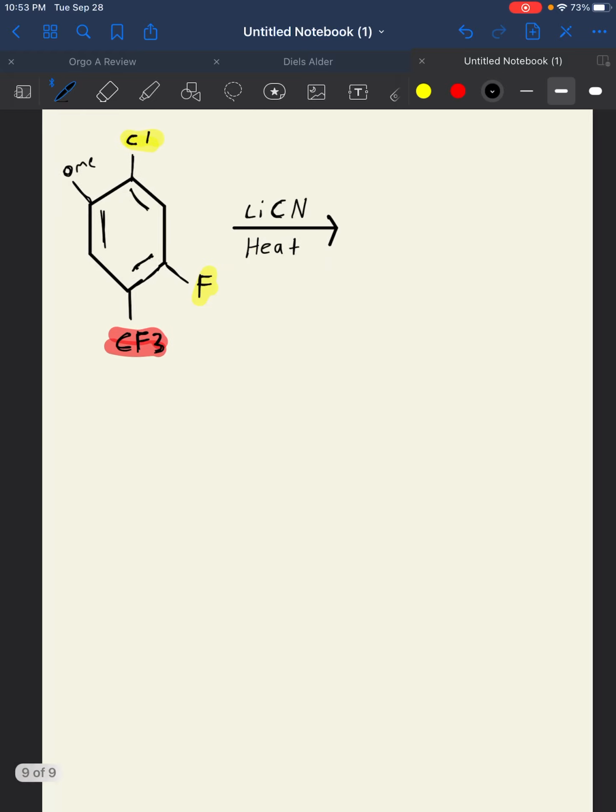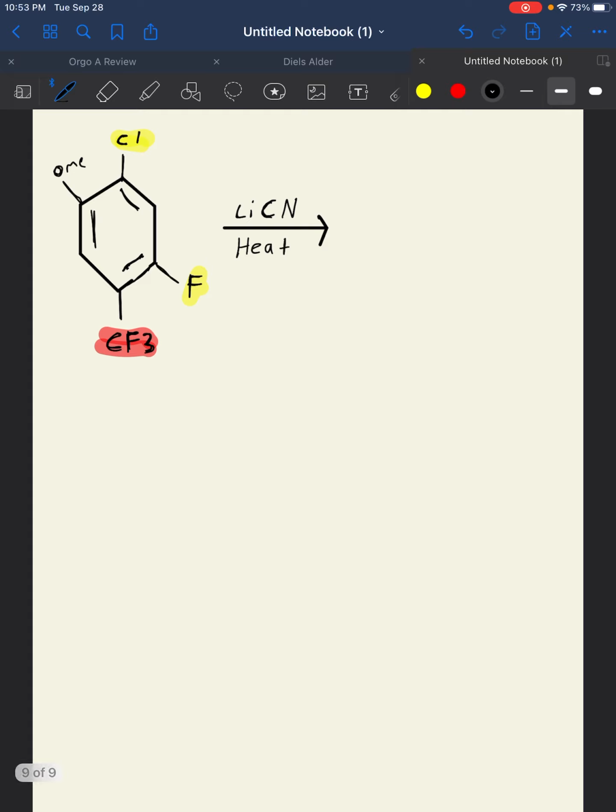So moving on to our final example. I actually have these all labeled out already. You have CO, you have fluorine, you have CF3, and you have O-methyl. Now, O-methyl is going to be a donating group, so we can just ignore that. Even though it is paired to fluorine, that's not going to be what initiates the SNAr reaction. It's going to be the CF3 that's paired to the Cl. CF3 is your electron withdrawing group, and Cl is going to be your leaving group. LiCN, this is ionic, so we can label this as negative. That's going to be your nucleophile, and that is a nucleophile that can initiate an SNAr reaction.